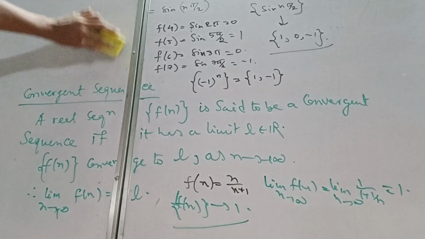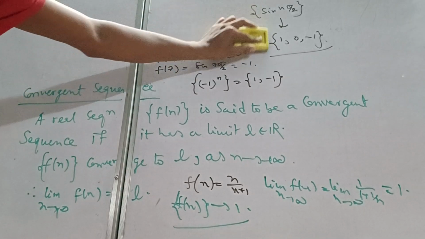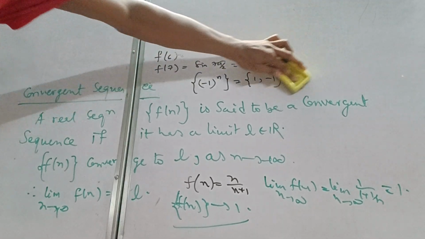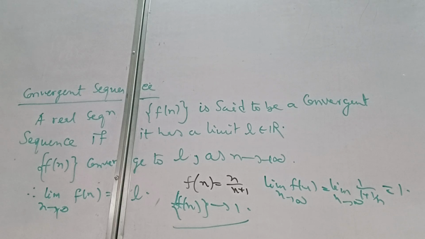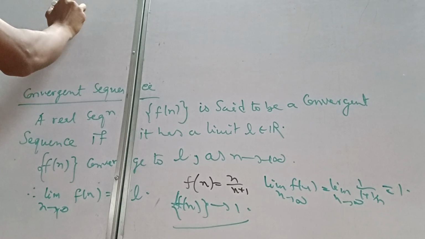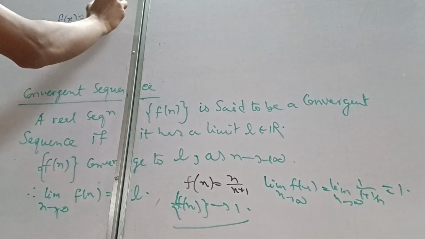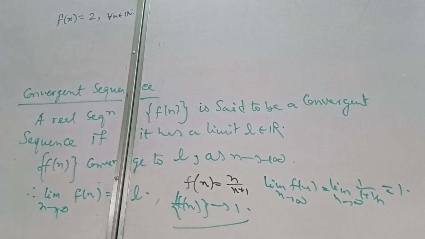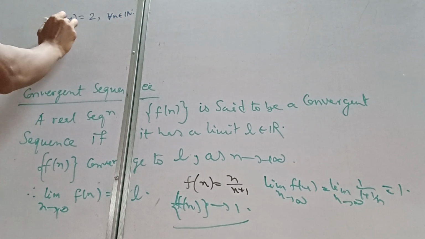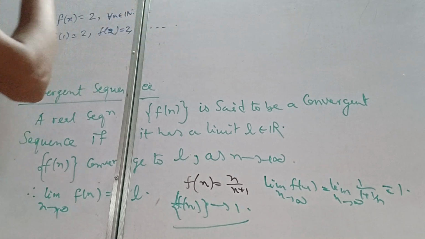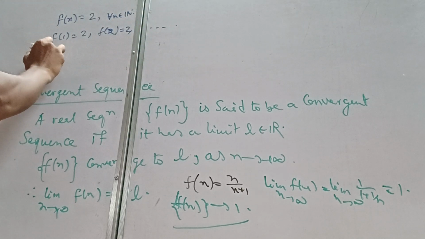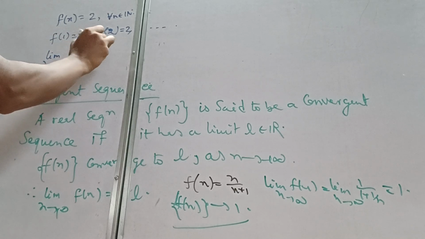Here f(n) equal to 2 for all n belonging to N. Then f(1) equal to 2, f(2) equal to 2, dot dot dot, limit of f(n) as n tends to infinity equal to 2.